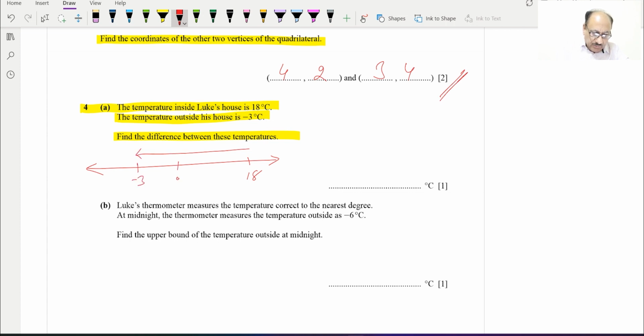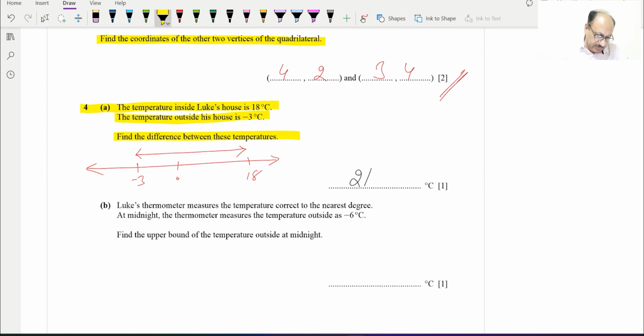So from minus 3 up to 18 will be this one. So how many units? 18 plus 3 will be 21. Degree Celsius is already there, so we can write only 21.